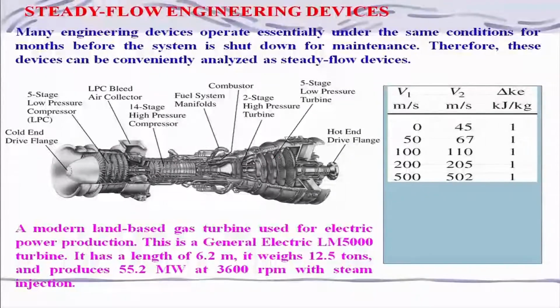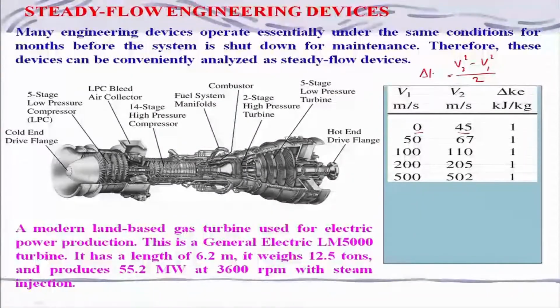For example, if V1 is 0 and V2 is 45 meter per second, the change in specific kinetic energy is V2 square minus V1 square divided by 2, which happens to be 1 kilojoule per kg.